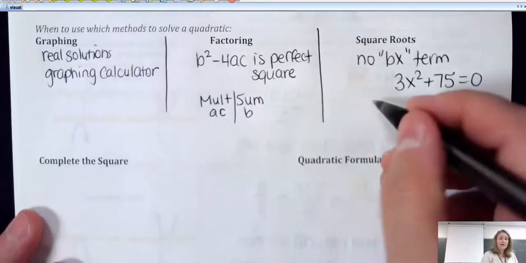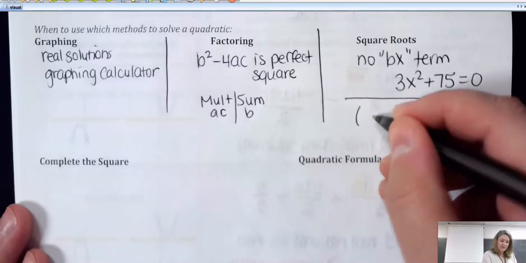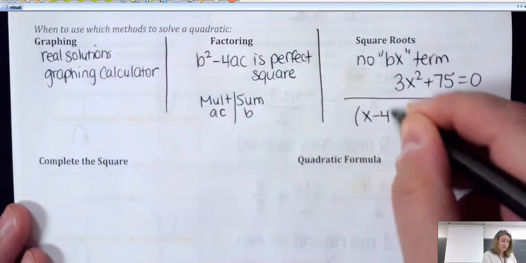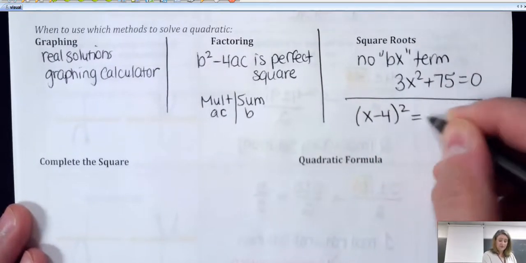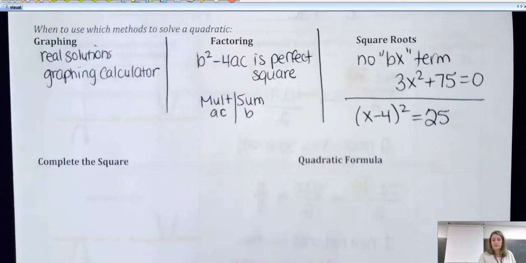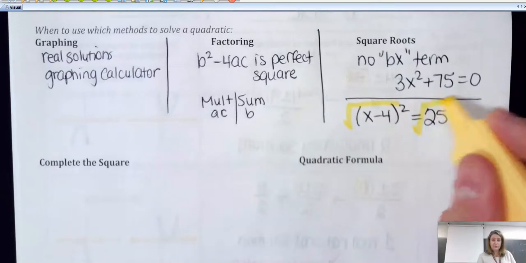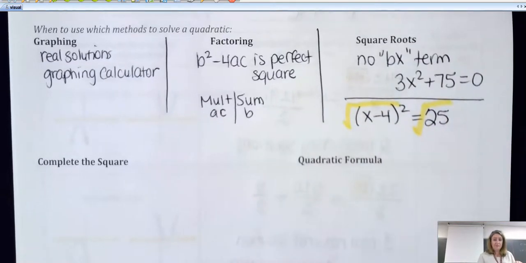Another example would be, let's say, x minus 4 squared equals 25. In that format, you could FOIL it if you wanted to, but I would not. If you've got a set of parentheses, you could just cancel out the square root and squared, and that would be a good time to use square root.